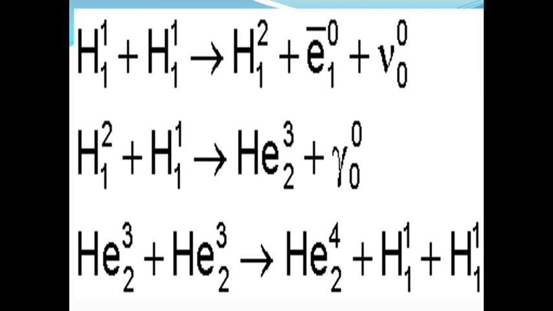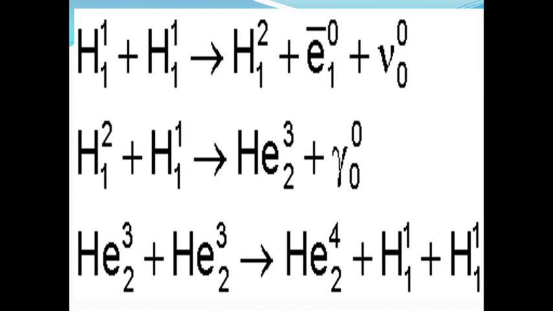This is the proton-proton cycle, and why is it known as the proton-proton cycle? The first reaction includes the combination of two protons, H11 plus H11. The energy released in this process is 24.7 MeV. Also the energy released per unit mass is 6.2 MeV.